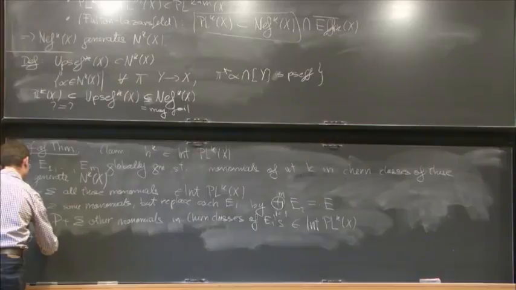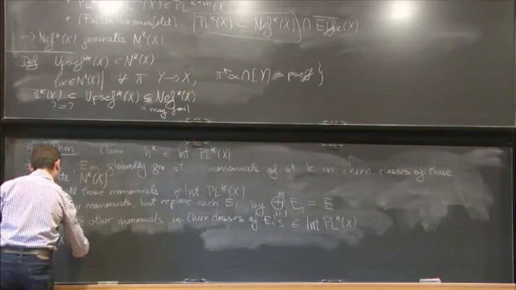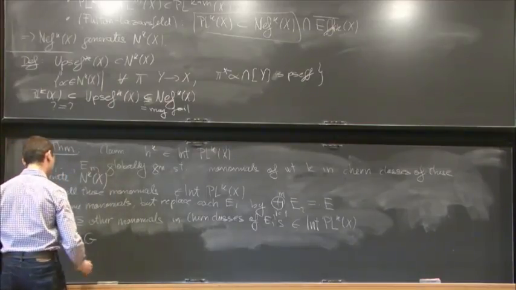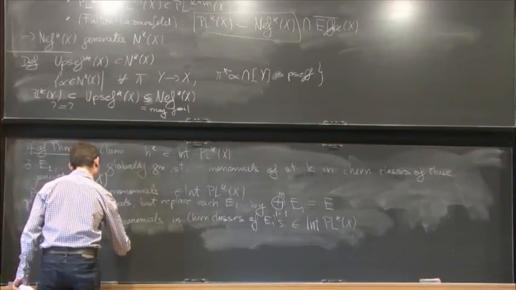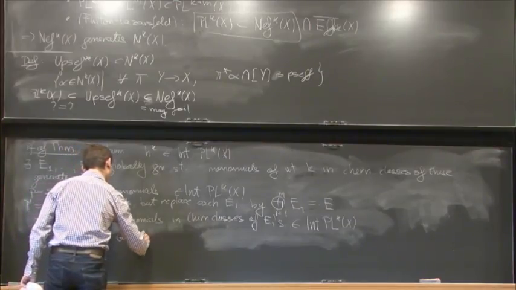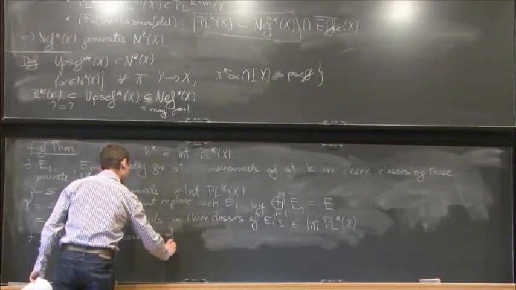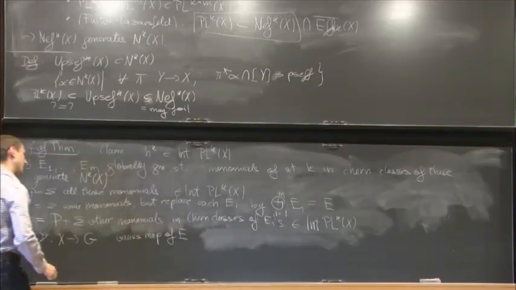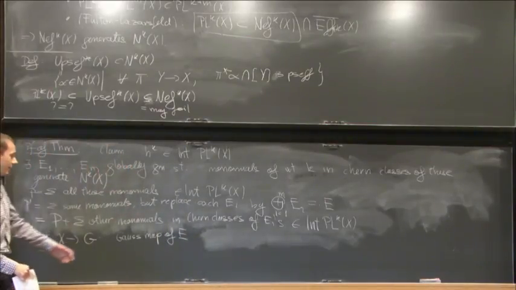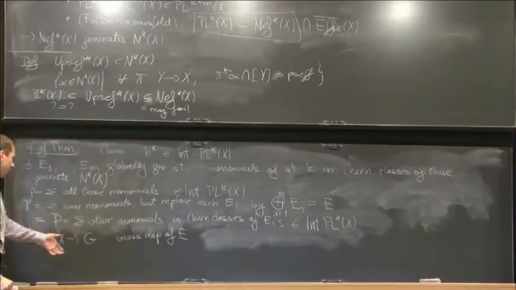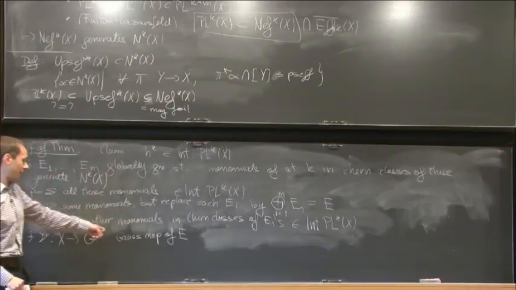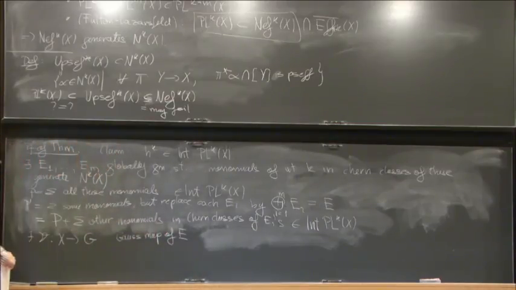So there exists gamma from X to one Grassmann variety. So this is the Gauss map of E. So this is generated by some vector space of sections, and I'm sending a point to the quotient that each fiber of E is. OK.